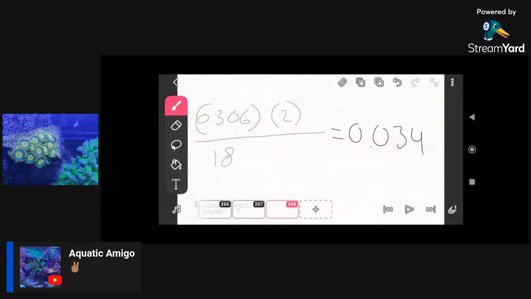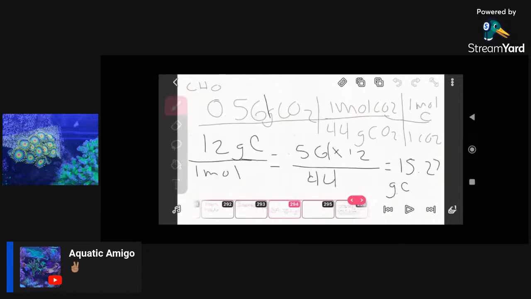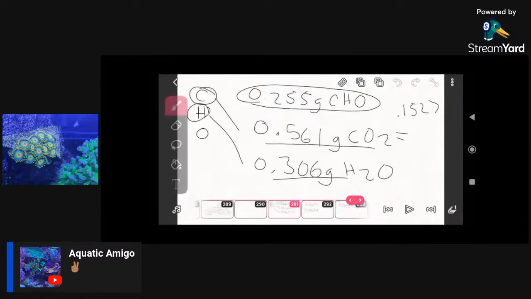All right, so now we've got 2. Hold on, let me get the camera working again. But we're doing it right. So this is equal to hydrogen. And then this one is equal to 0.034.